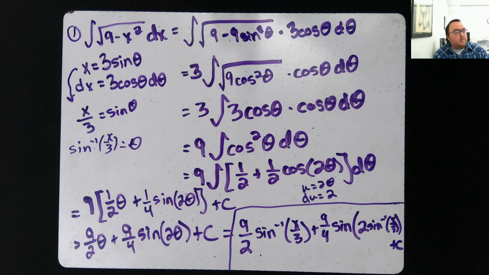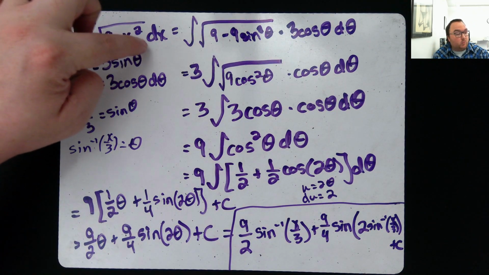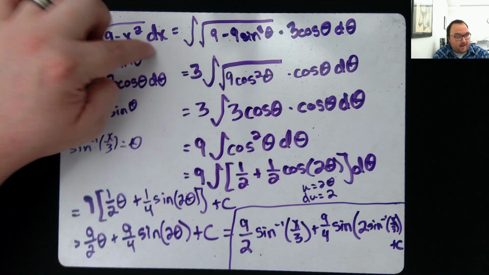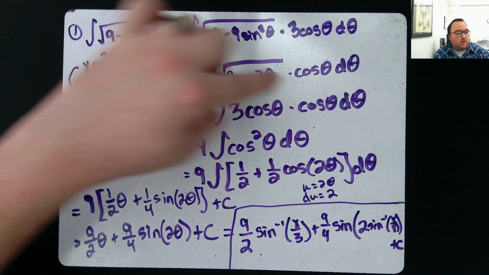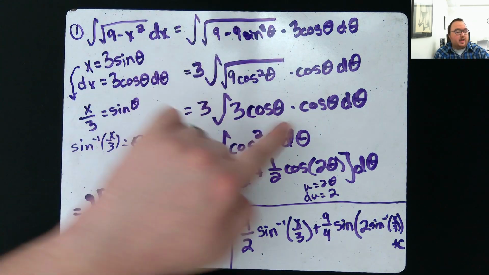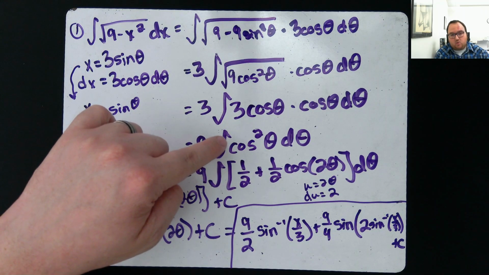But remember though, I need to then replace dx, so I put that in there, 3 cosine theta. Took the 3 out front, cosine times that cosine gave me cosine squared.